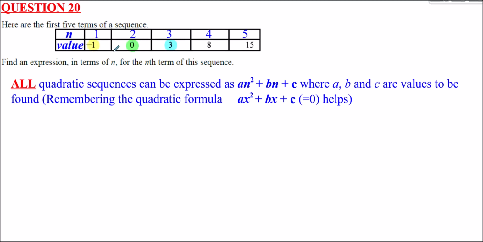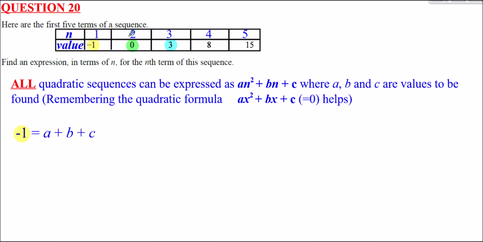So when n is 1, we can just substitute n is 1 into an squared plus bn plus c. So when n is 1, we've got that minus 1 equals a times 1 squared, because it's your first term. 1 squared is just 1. A times 1 squared is just a, plus b times 1, which is just b, plus c.